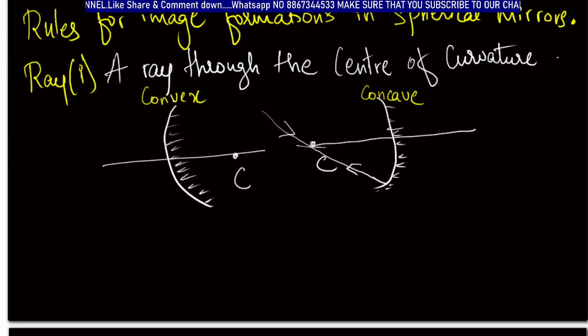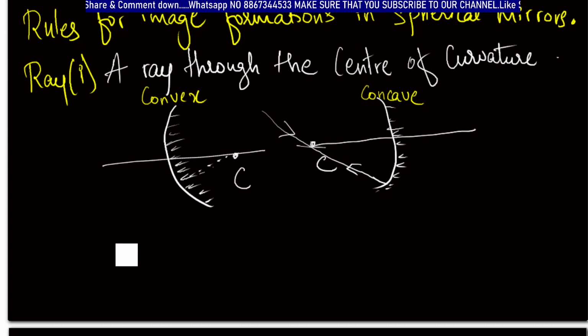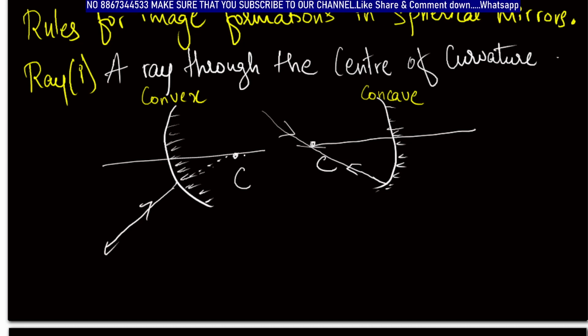In case of convex mirror, the center of curvature ray appears to be passing from the center of curvature. This is the first thing, the ray 1.